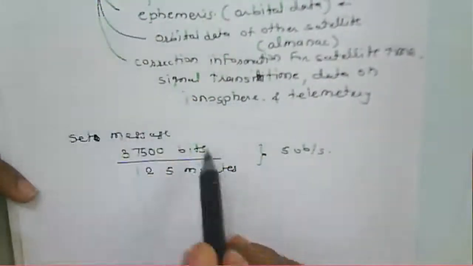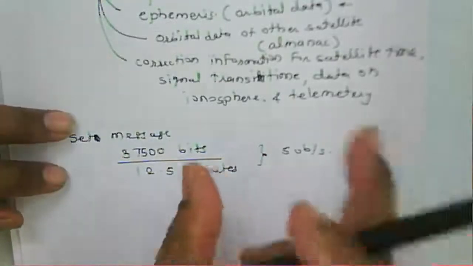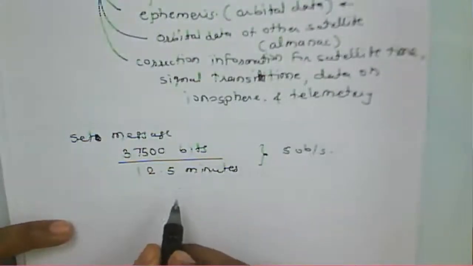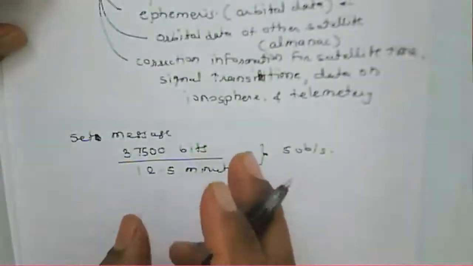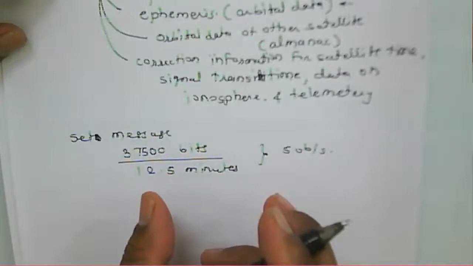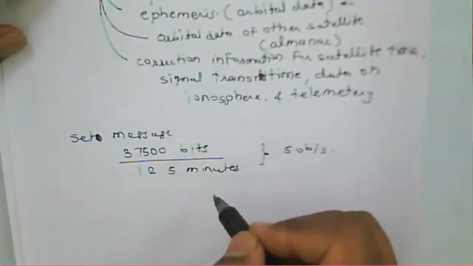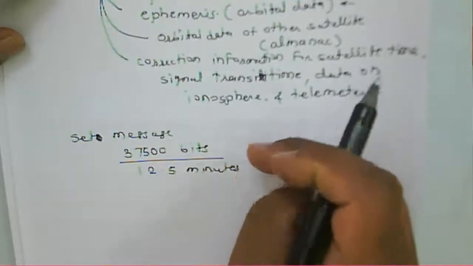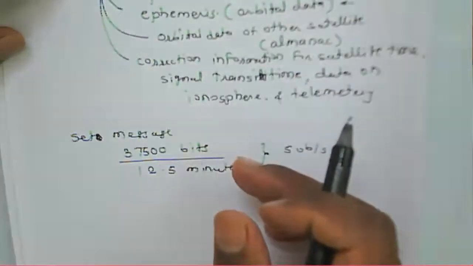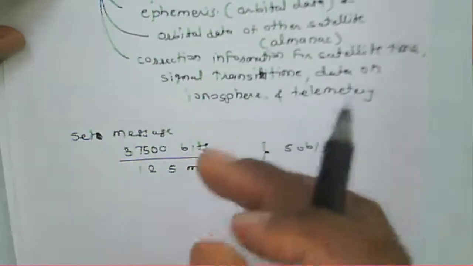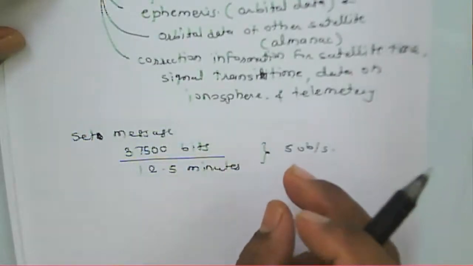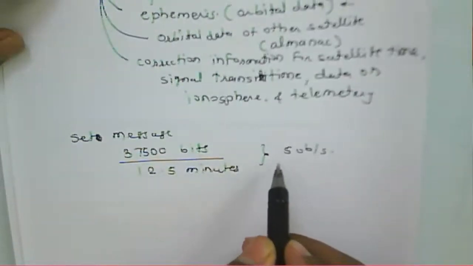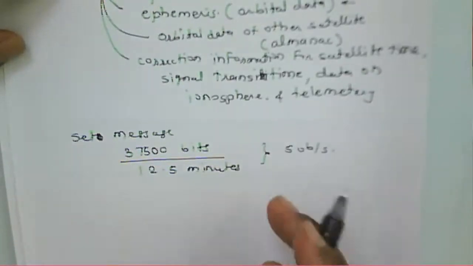The receiver will see the position of the satellite or the timing of that particular satellite from the transmitted information. Is the speed of the data high or low? Generally we say 50 bits per second is low speed data.